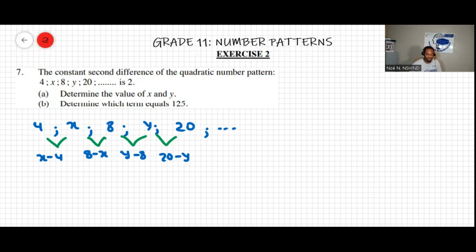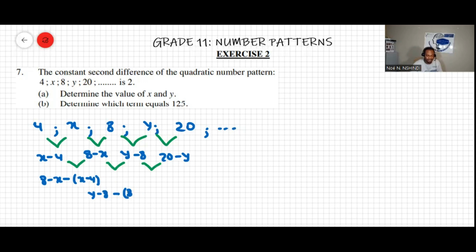Now, over here also, because we always do a term minus the previous term, it's going to be 8 minus x minus (x minus 4). And there it's going to be y minus 8 minus (8 minus x).